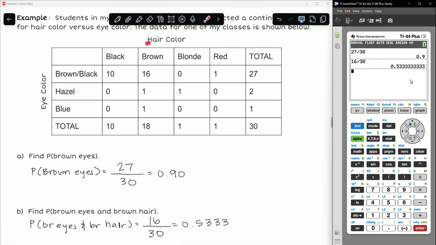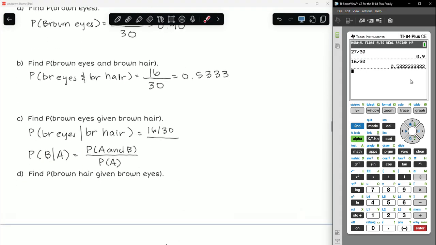I go to the hair color, which is the columns, and looking at the brown column, 18 students had brown hair. So this would be 18 out of 30. I know that when I divide fractions, I take the numerator and multiply it by the reciprocal of the denominator, meaning I take that bottom fraction and flip it. 30 on top, 18 on bottom.